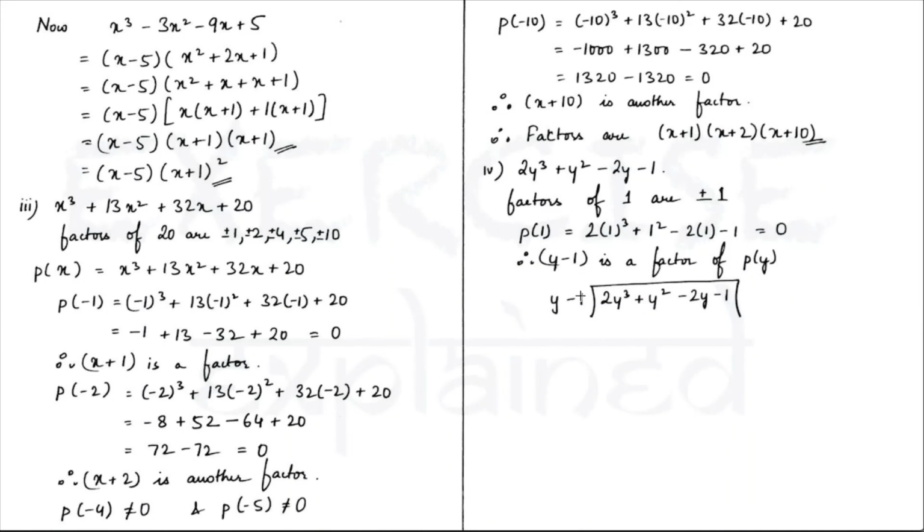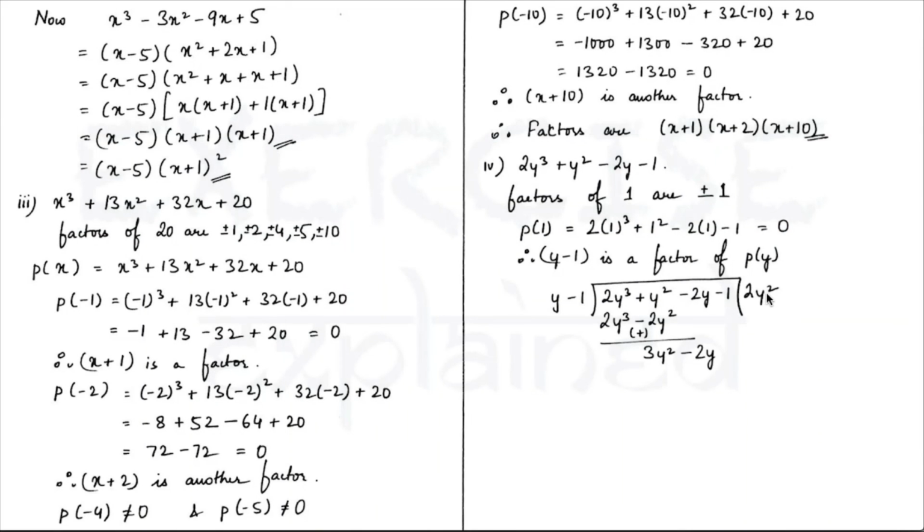So I'll be dividing the given polynomial with y minus 1. So we need to multiply y with 2y square in order to get 2y cube. So I take the first term as 2y square. So when I multiply y with 2y square, we get 2y cube, and minus 1 multiplied with 2y square gives us minus 2y square.